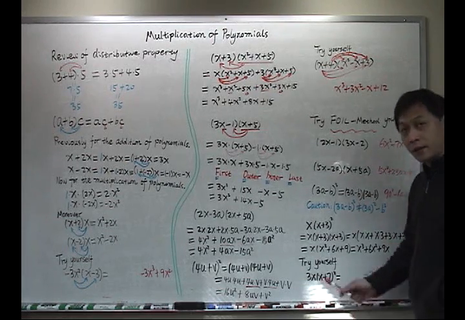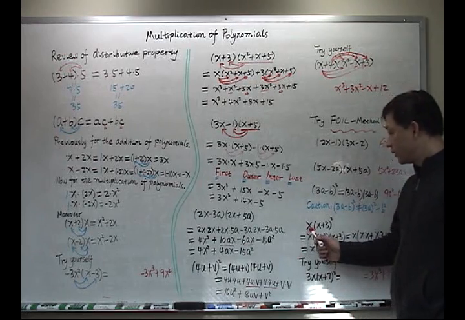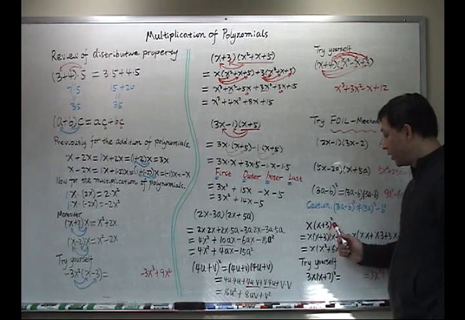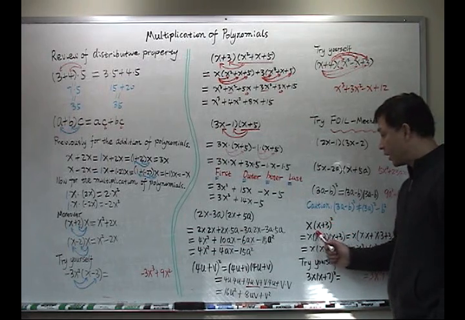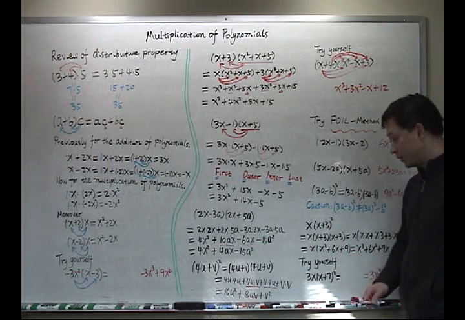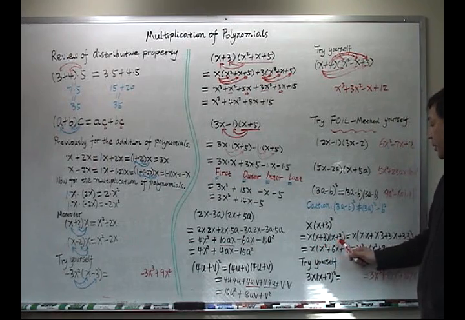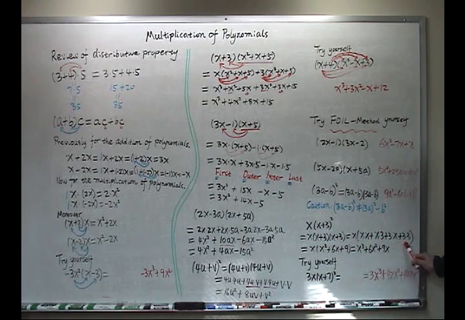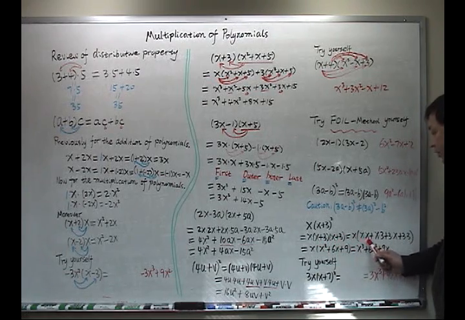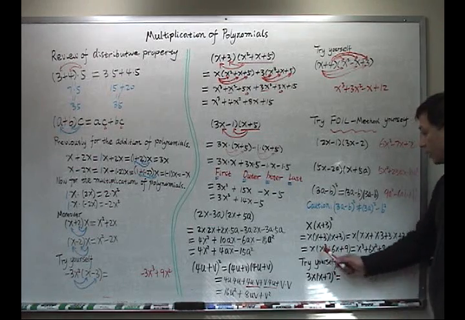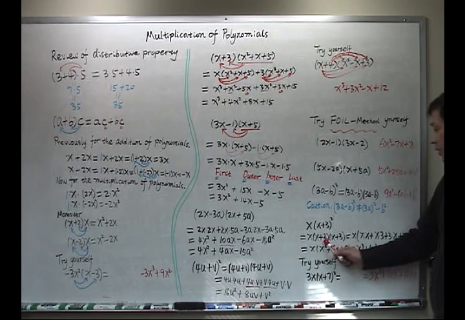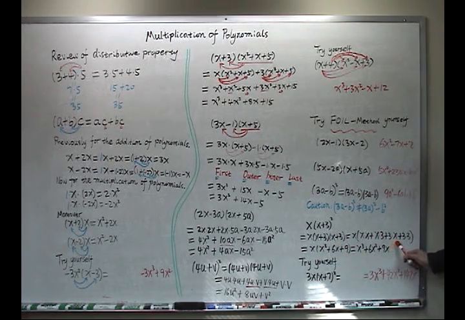Alright? Now, the last one. The last one is x times x plus 3 squared. You know, this squared, x plus 3 squared, means x plus 3 twice. So x plus 3 times x plus 3, you've got to use the FOIL method. Okay? First product, x times x, you got x squared. Outer, x times 3. Inner, 3 times x.